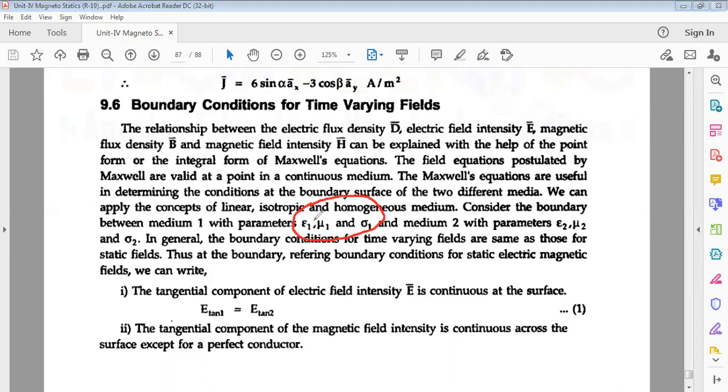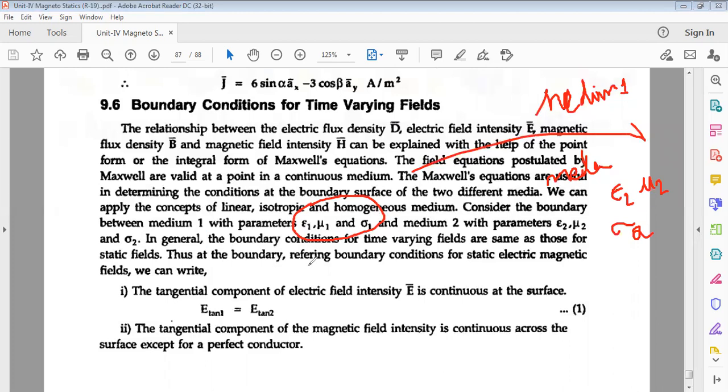And in medium 2, we consider the dielectric with epsilon 2, permeability mu 2, and conductivity sigma 2.